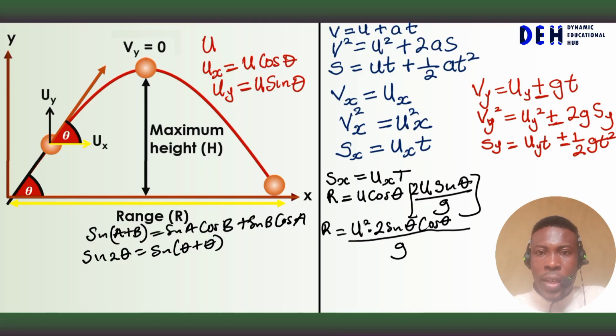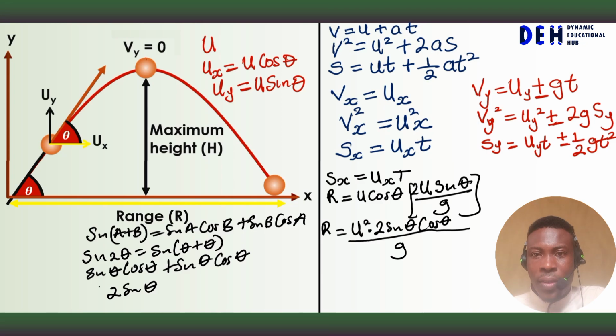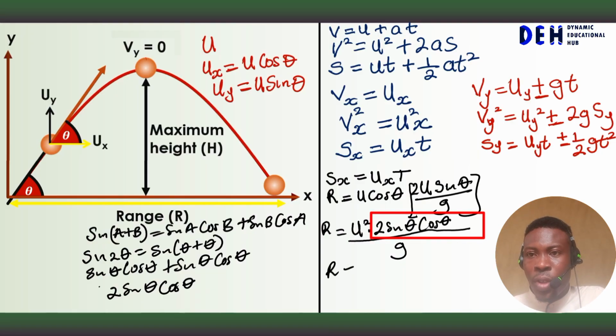When you expand this, you have sine theta cos theta plus sine theta cos theta, which gives 2 sine theta cos theta. So where you see 2 sine theta cos theta, you can easily put sine 2 theta. So the range here now becomes U squared sine 2 theta over G.